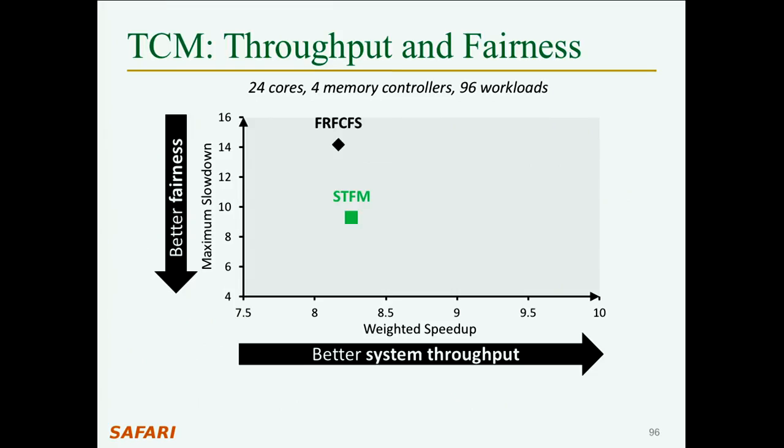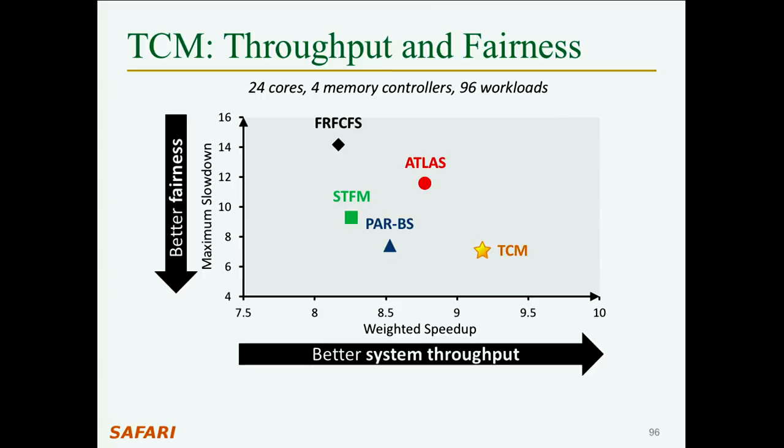So where does this take us in terms of performance? These were the previous schedulers. It turns out TCM can actually break this Pareto frontier, and it is now on this Pareto curve. So none of these schedulers are strictly better. Again, this is very workload dependent, plus it's dependent on the knobs that you use for different schedulers.